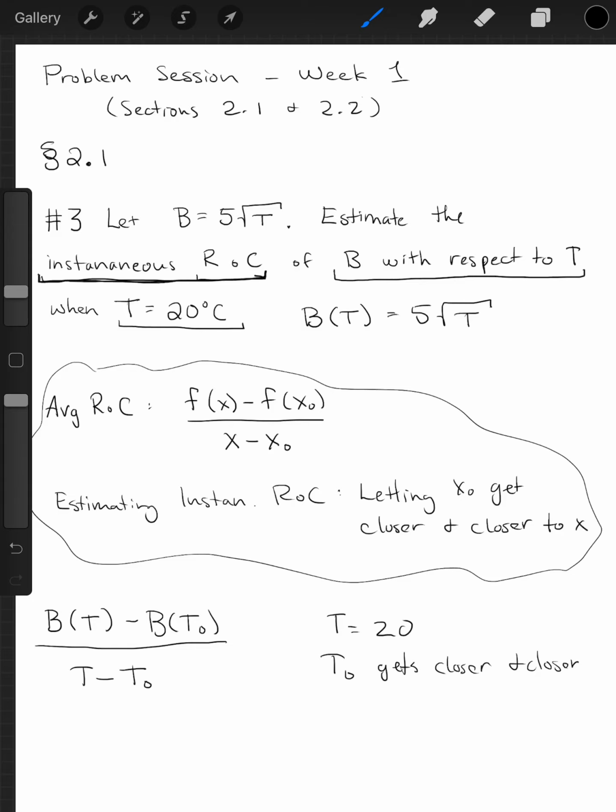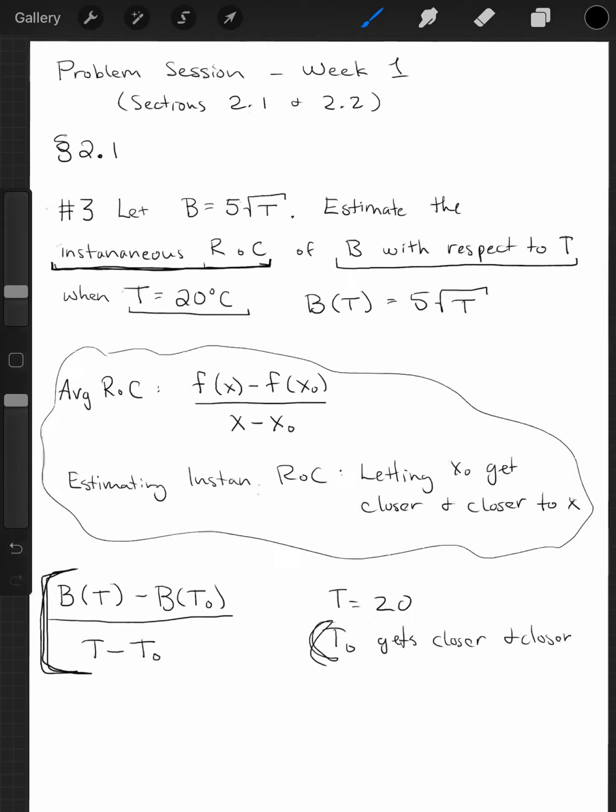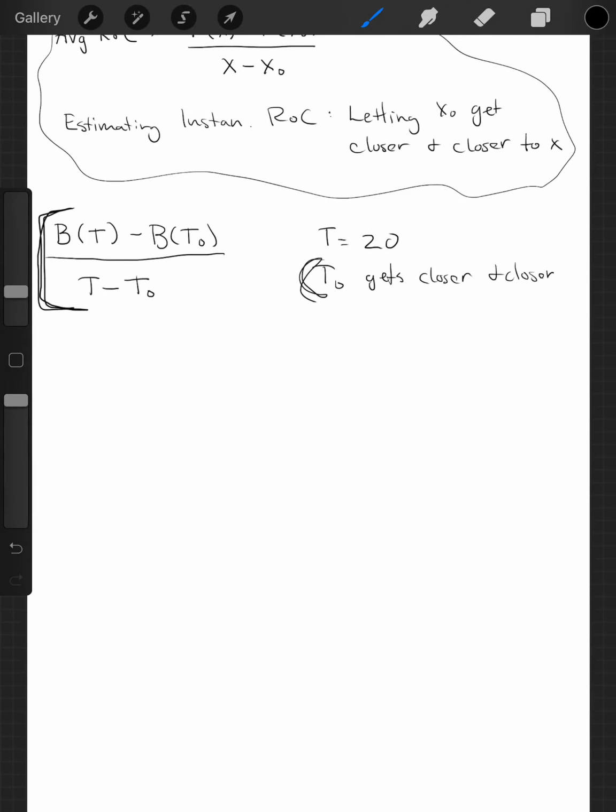So I said I would relate this to 6, and 6 wants you to do the same thing. It just actually gave you all the directions instead of expecting you to remember what the directions are. 6 says compute the stone's average velocity over time intervals, and it gives you some there. That's exactly what we're doing here. We're going to compute the average velocity, and we just get to pick the intervals instead of having them handed to us. But I'm going to use the same pattern that problem 6 does, so that you can use this to help you out with problems like number 6.